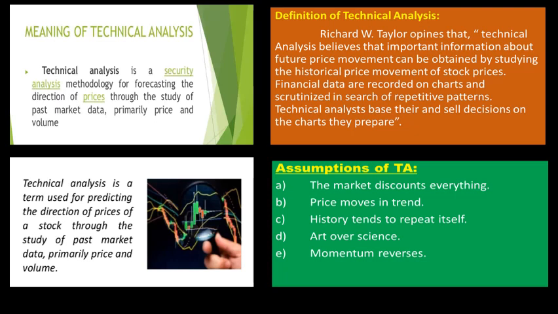So here under technical analysis, the analysis is purely based on the chart, means based on the past data, the historical price movement. And they assume that the historical movement of a particular price is going to repeat again in the future in the stock market.